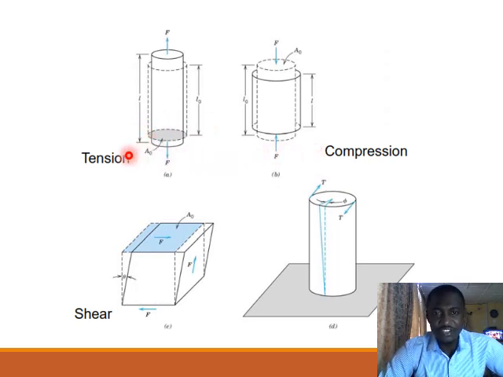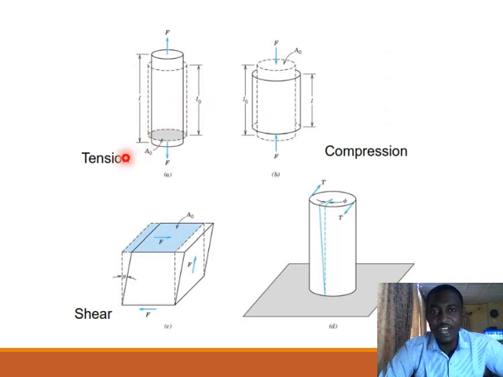A tensional load will cause an elongation of the specimen, while a compressive load, based on the direction of the two applied forces, will cause a reduction in the length of the specimen. So what you can conclude here is that they are in opposite directions.